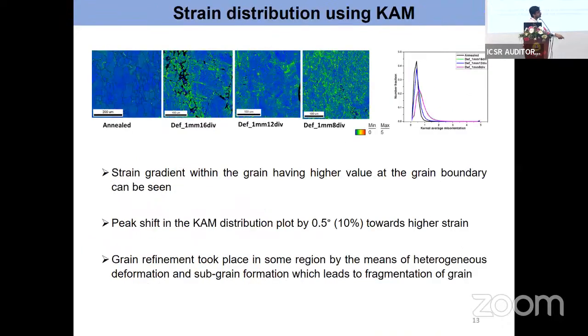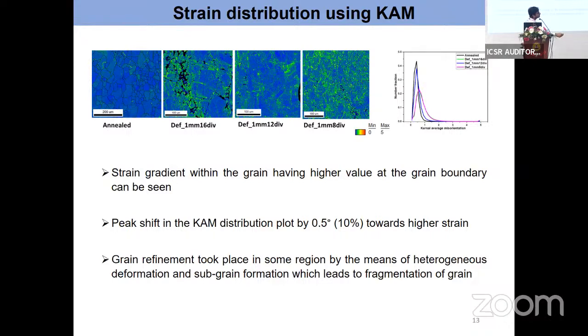Strain distribution within the grains. After deformation, the strain within the grains is going to increase, and on the left side is the KAM map, and the right side is the plot. In this plot, I have seen that the KAM distribution plot shifted by 0.5 degree, approximately 10%, toward high strain.